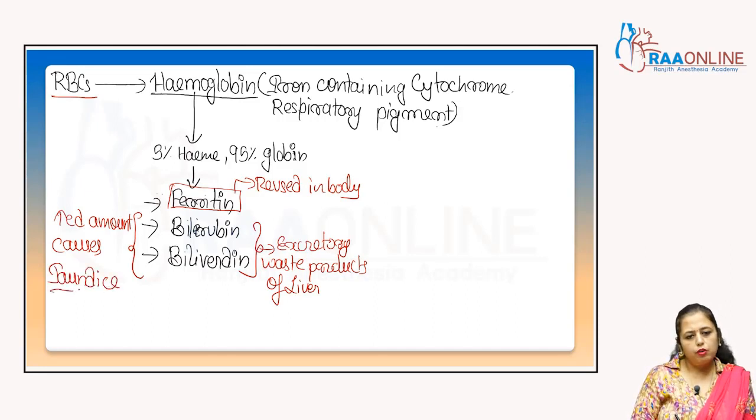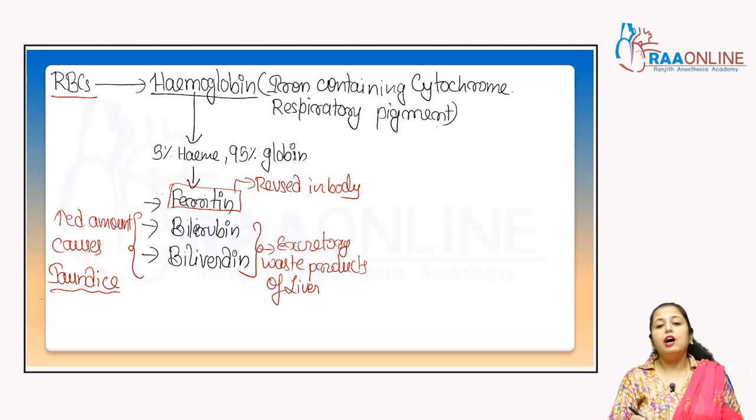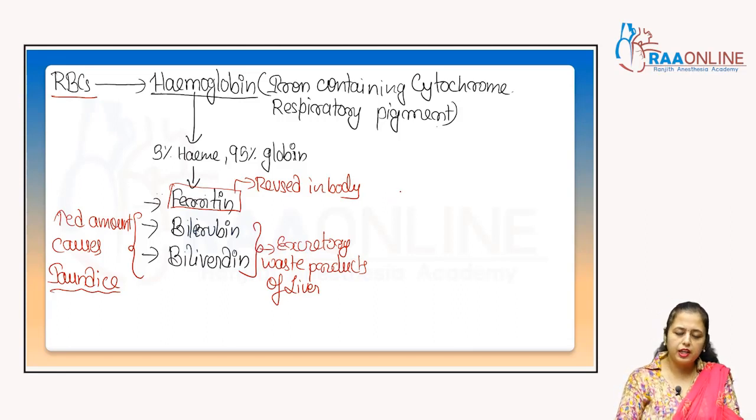That's why after malaria there is more risk of occurrence of jaundice. Clear? So simply, RBCs are destroyed, then hemoglobin is destroyed, and all these things get destroyed, right?